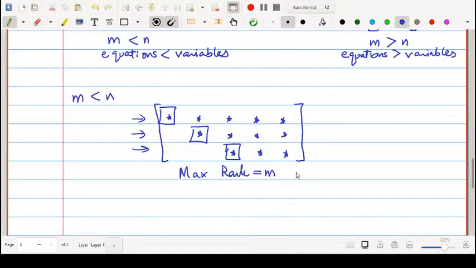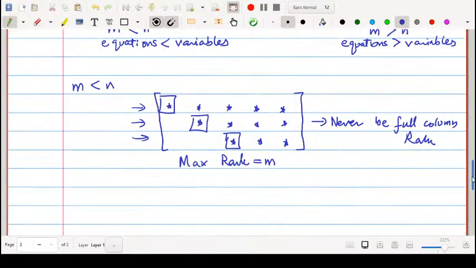So what we're noticing is this matrix can never be full column rank. That is, its rank can never be equal to the number of columns, because you just have fewer rows, and Gaussian elimination proceeds by doing row operations. The row operations are limited to these 3 rows, which just means you only get 3 pivots and you're done.